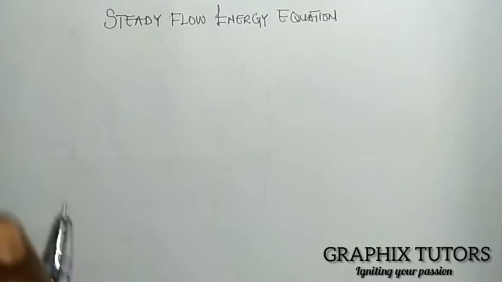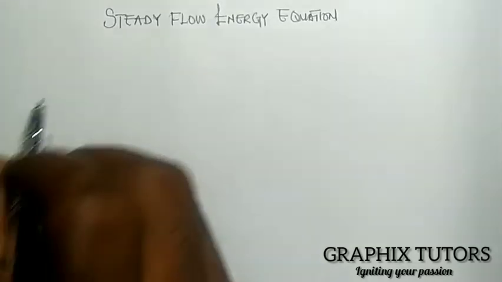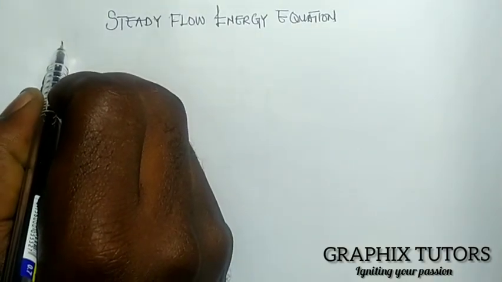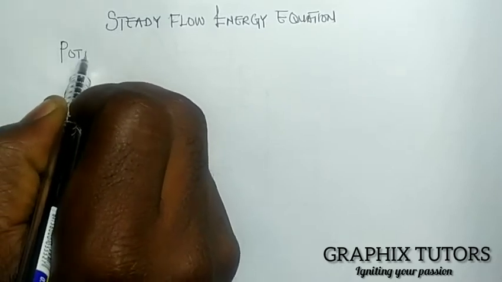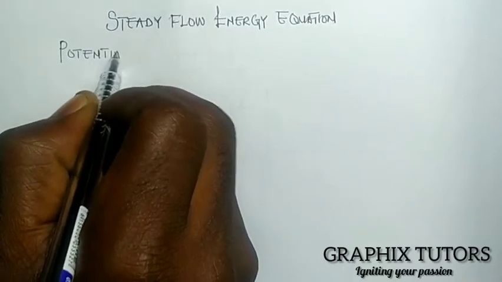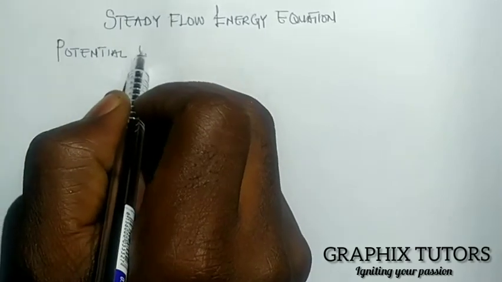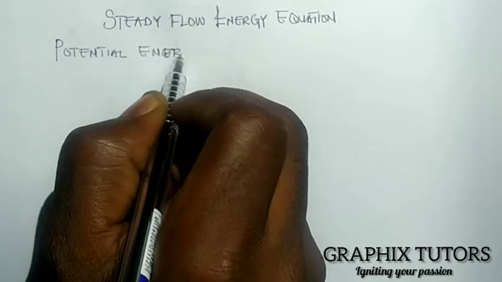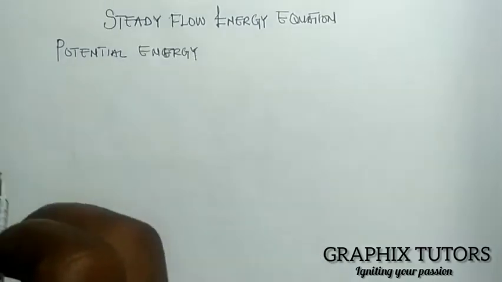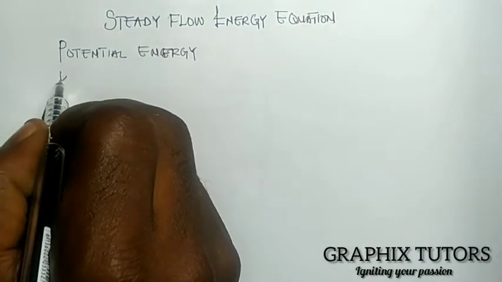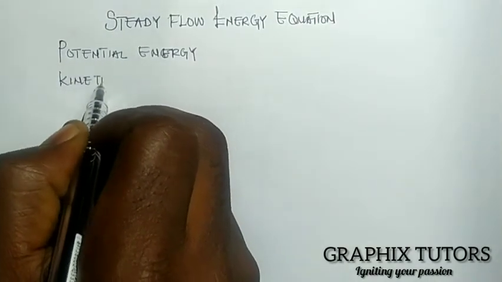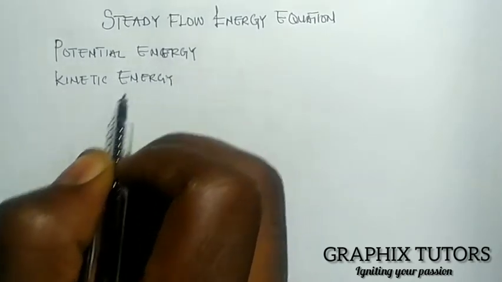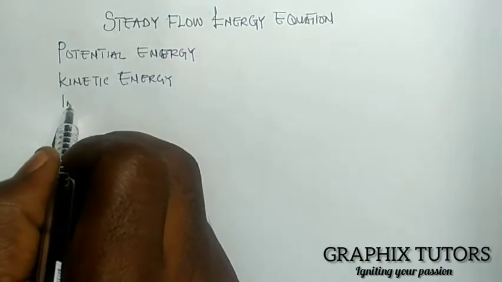some of these devices. One of the forms of energy we have is called the potential energy, right? We have the potential energy. Another one is the kinetic energy. We have the internal energy.